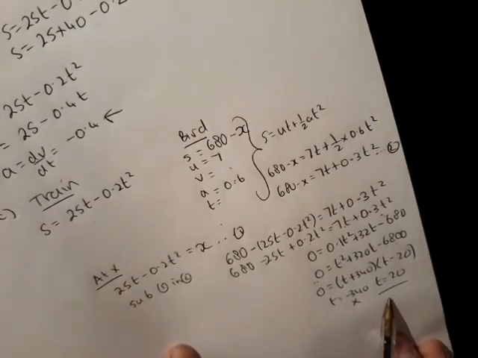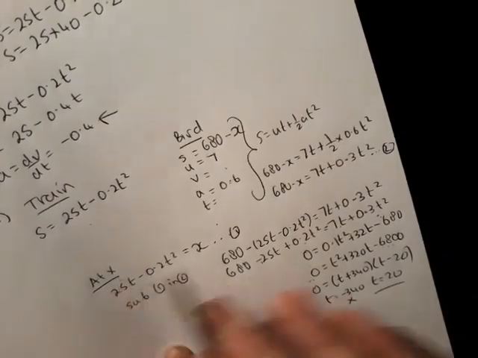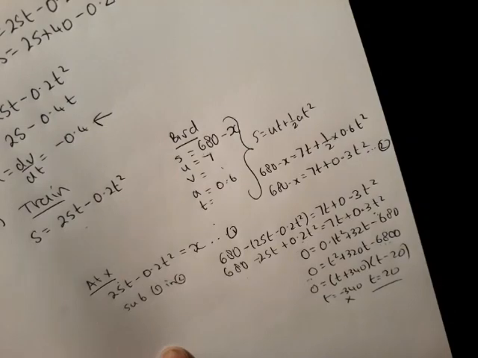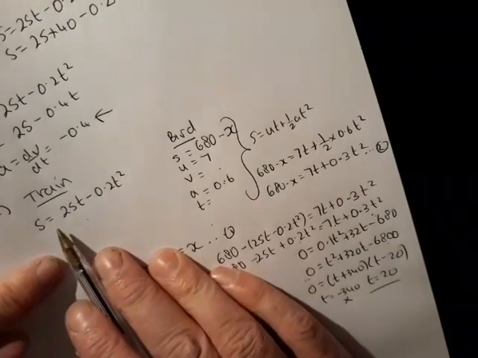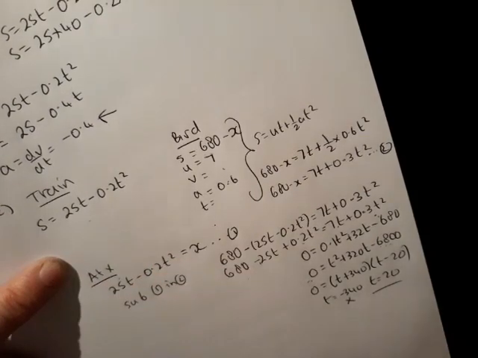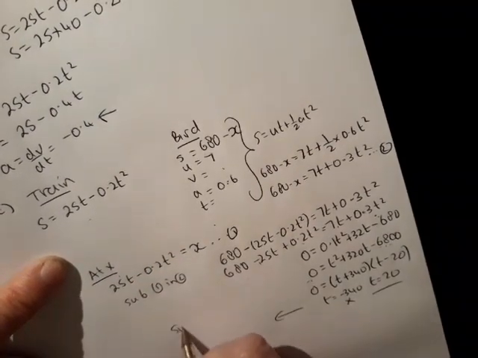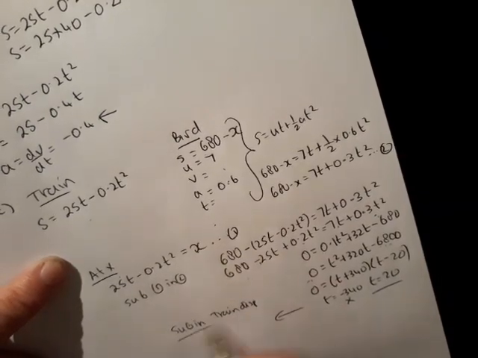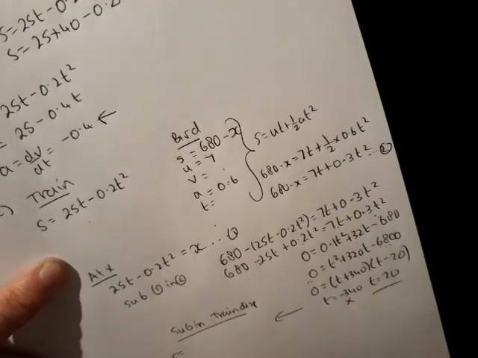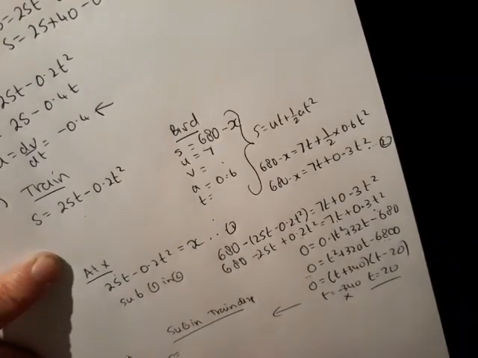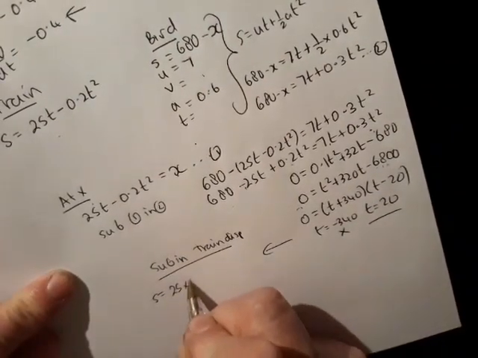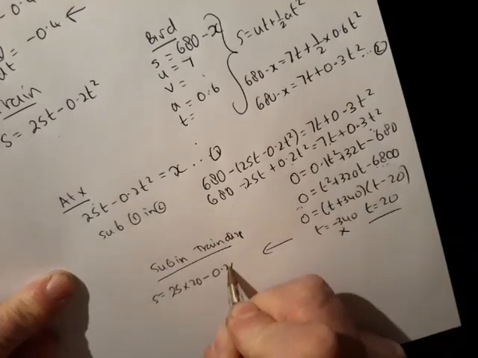We just have to substitute that back into the displacement for x, the displacement for the train or the bird, I should say. I'm looking at probably the displacement of the train, it looks a little bit easier. So I'm going to sub into the train displacement, and I get s is equal to 25 times 20 minus 0.2 times 20 squared.